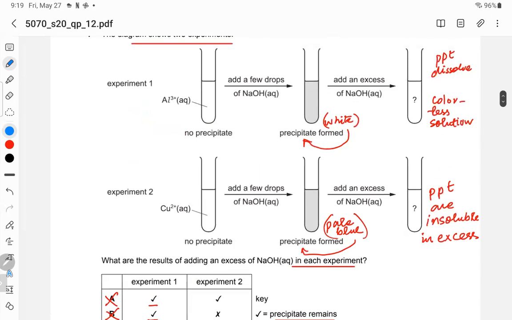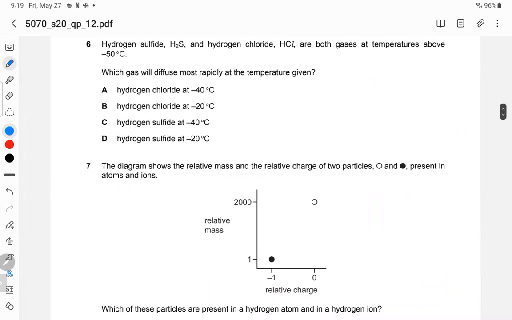Question number 6. Hydrogen sulfide H2S and hydrogen chloride HCl are both gases at temperatures above -50. Which gas will diffuse most rapidly at the temperature given?